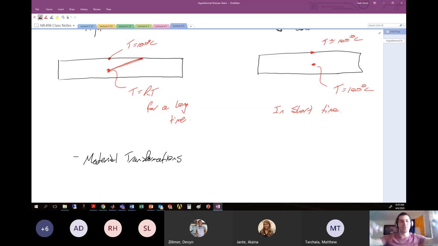Okay, or you have some metal phase that you're not expecting inside of your piece because of thermal gradients and so on and so forth. And so if you end up with, let's say, a eutectic material here and a non-eutectic material over there, it's going to be a complicated situation where they have different structures and you have all these stresses that occur because of transitions of the material inside of the piece. Okay, so material transformations, this is particularly true for metal matrix composites.